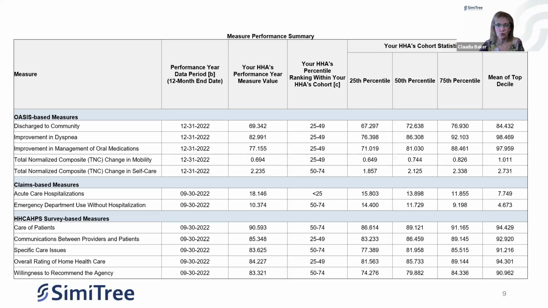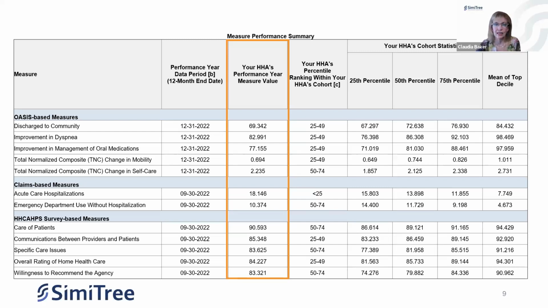Again, your agency's performance, that second column, is your scores compared to the 25th, 50th, 75th, or top 10% columns that I just showed you. It is crucial that you know where you stand, right? Because you need to know where you're at right now and what you need to work on. And it could be, again, that maybe you're doing really well in some areas, but not as well in others.